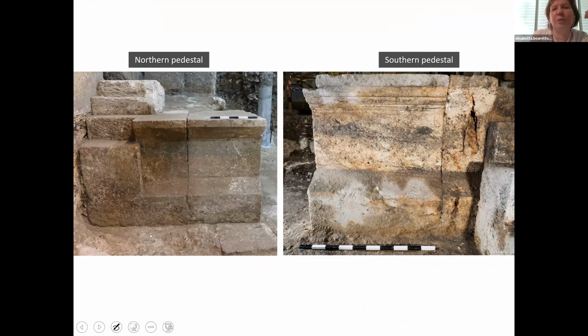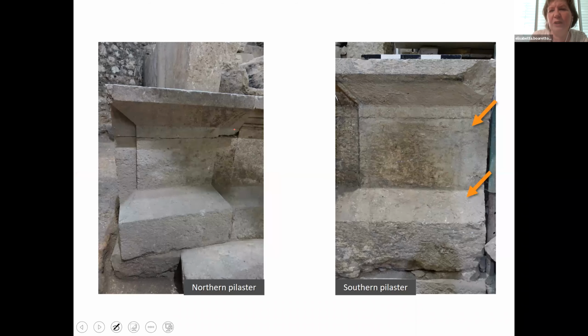The theater was a very interesting structure because we see that between the northern part and the southern part, the pedestal was not completely finished. The southern part had all the finishing already done, while the northern part was not yet finished. It should have been symmetric and the same, but it was not.